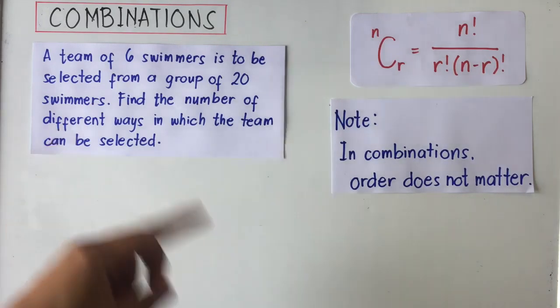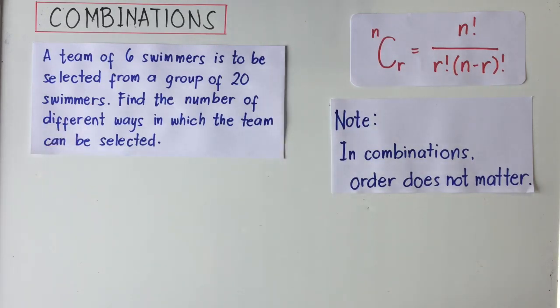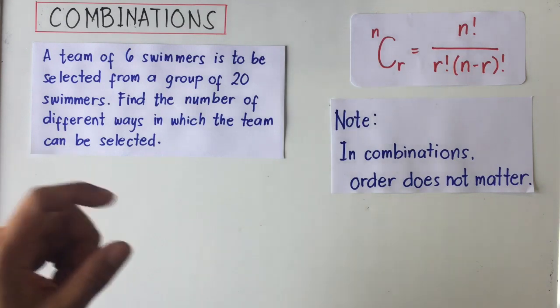A team of 6 swimmers is to be selected from a group of 20 swimmers. So the number of items here is 20, and the number of slots or spaces that I'm going to fill in is 6, consisting of one team.